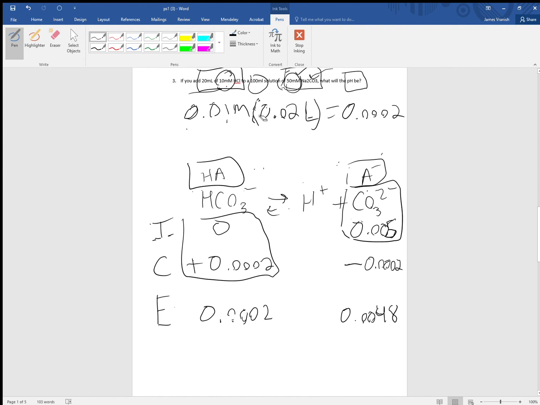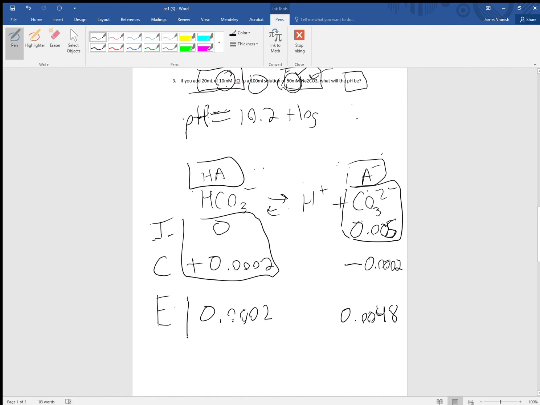So now we're ready to actually use Henderson-Hasselbalch. Let's pull it up again. pH is equal to the pKa value, which is 10.2, plus the log of our A- concentration over our HA concentration.